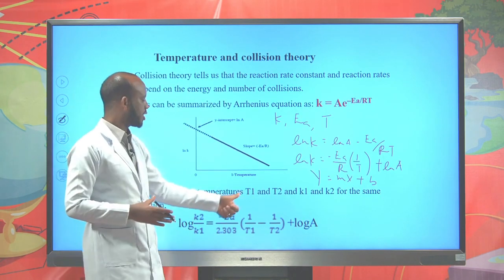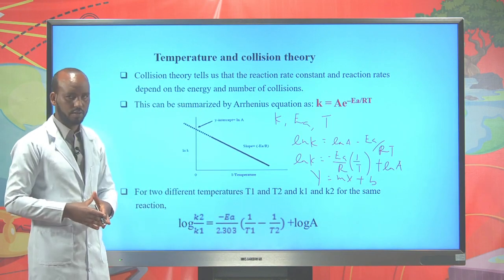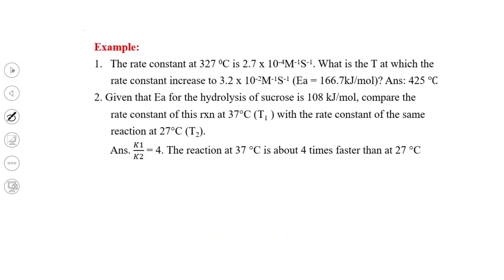For two different temperatures, T1 and T2, and K1 and K2 for the same reaction, log K2 divided by K1 equal minus EA divided by 2.303 R into 1 over T1 minus 1 over T2 plus log A. Example: the rate constant at 327 degrees centigrade is 2.7 times 10 raised to minus 4 per molar per second. What is the temperature at which the rate constant increases to 3.2 times 10 to the power of minus 2 per molar per second? Activation energy of this reaction is 166.7 kilojoule per mole.